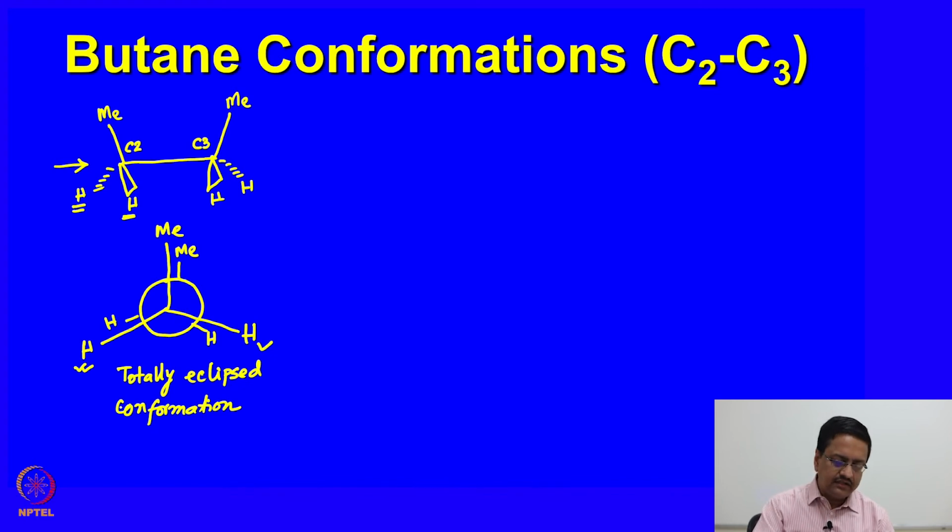So what we see here is the dihedral angle between the two methyl groups is 0 degree, and then slowly if we start rotating the back carbon by 60 degree, the corresponding diagram for this molecule would be like this.